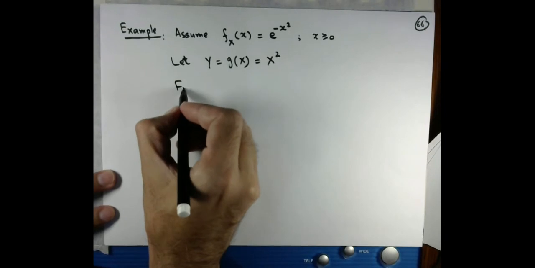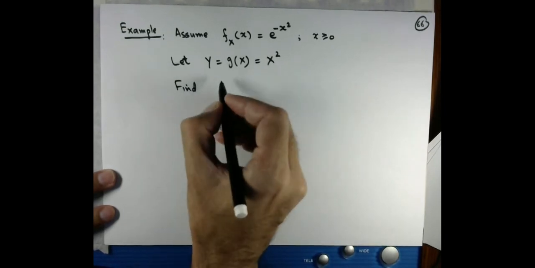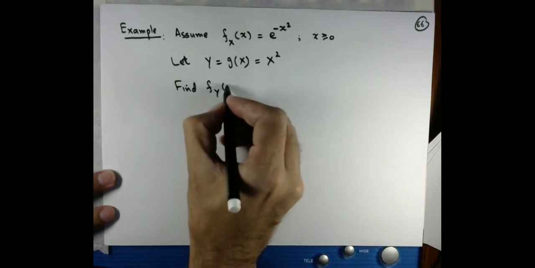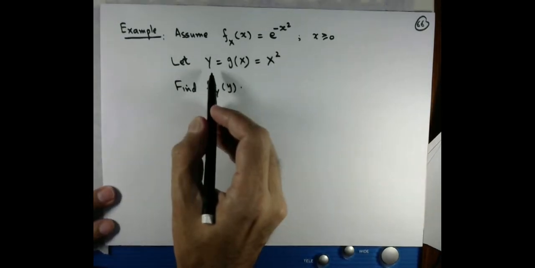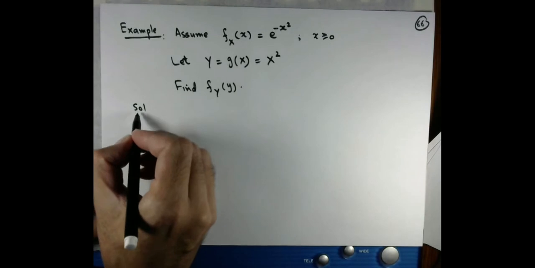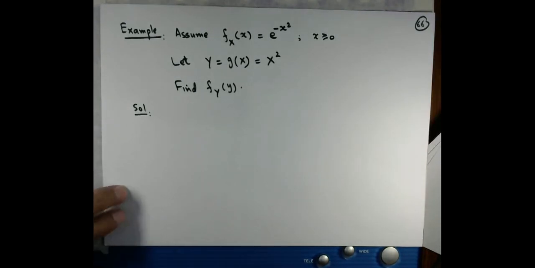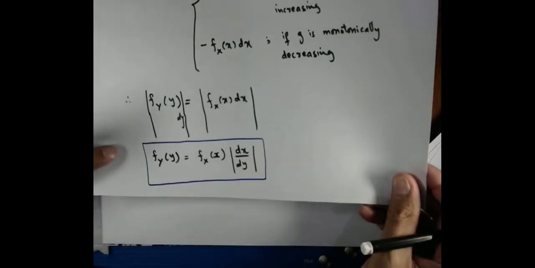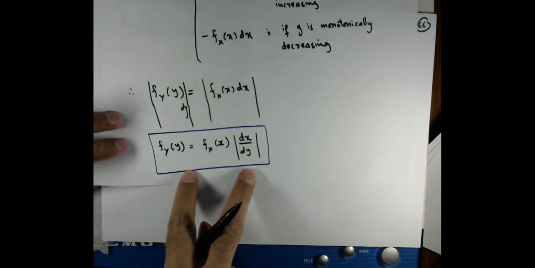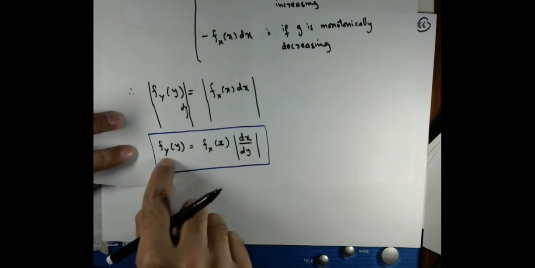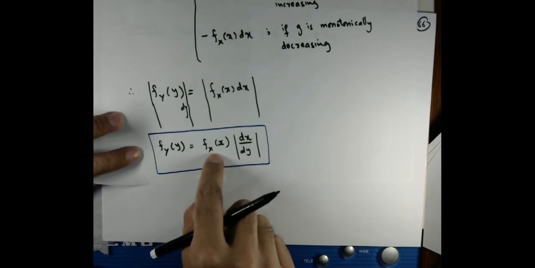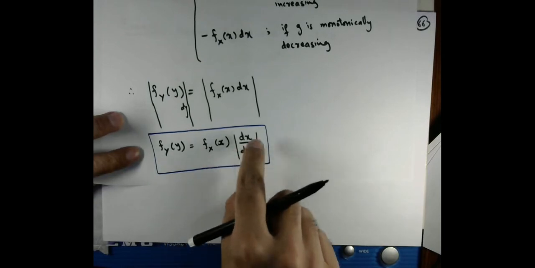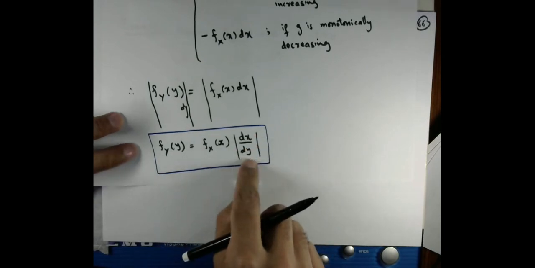So our goal is to find the probability distribution of this derived random variable. So I try to solve it. Remember, my target is to utilize this particular formula, that is the PDF of the derived random variable is equal to the PDF of the parent random variable times dx by dy.